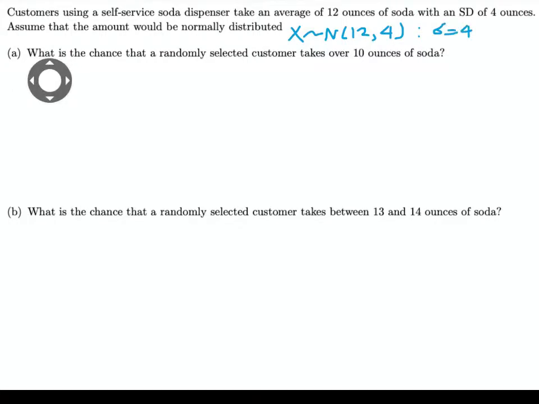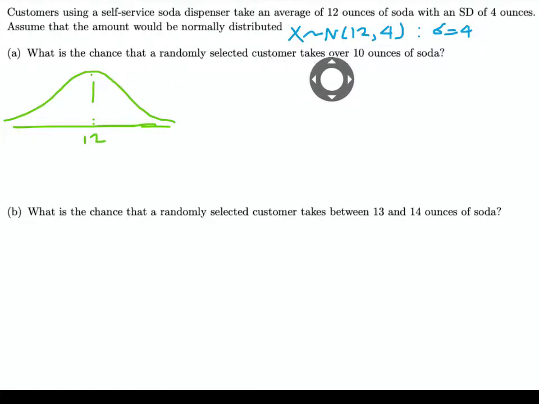Part A, what is the chance that a randomly selected customer takes over 10 ounces of soda? Let me draw the density function. So this is normal, therefore it should be bell shape, and in the middle, mean should be 12. Now asking customer takes over 10 ounces of soda.